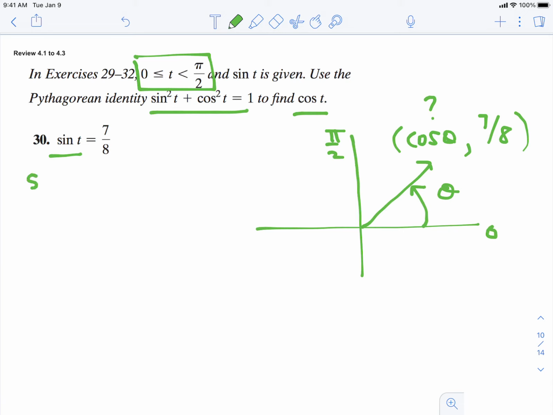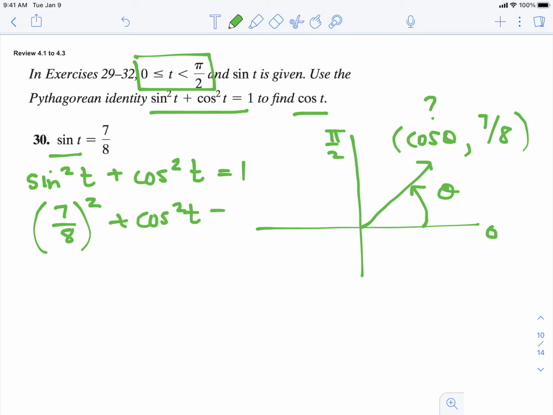So sine squared plus cosine squared equals 1. And we're going to substitute 7/8 in for the sine of t. So we have to square that 7/8. So 7/8 times 7/8, so 7 times 7 is 49. 8 times 8 is 64.